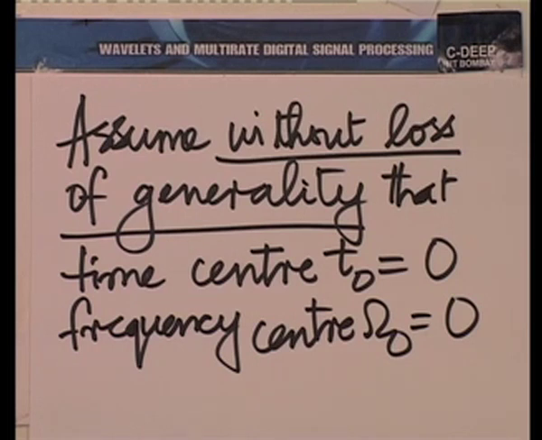After all, if the time center is not 0, we could always shift and make the time center 0 in time without affecting the time bandwidth product. If the frequency center is not 0, we can always shift in frequency, which means modulate in time and bring the frequency center to 0. Of course, if the function is real, we do not even need to do that. So, this is without loss of generality.